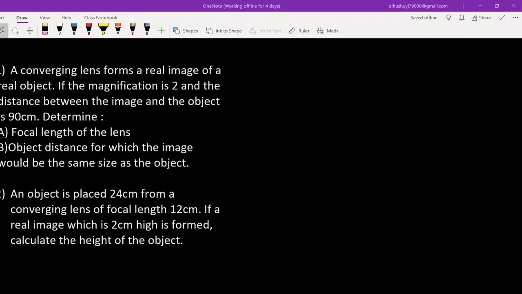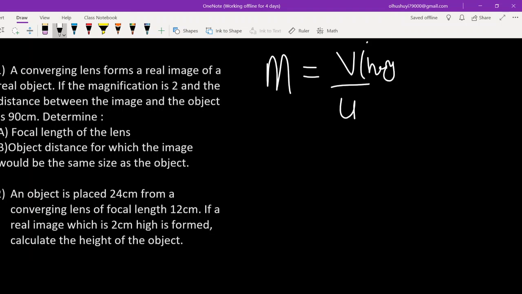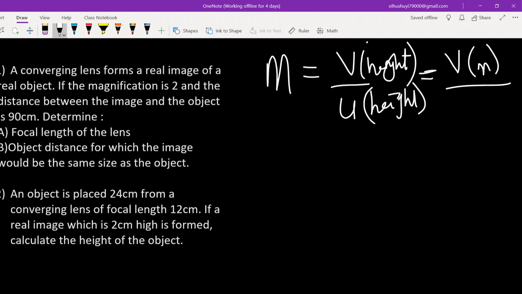If you have magnification, you should know magnification is equal to what? Your image height over your object height, and that can also be equal to your image distance in meters over your object distance.